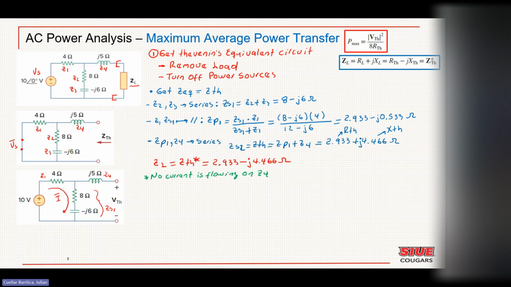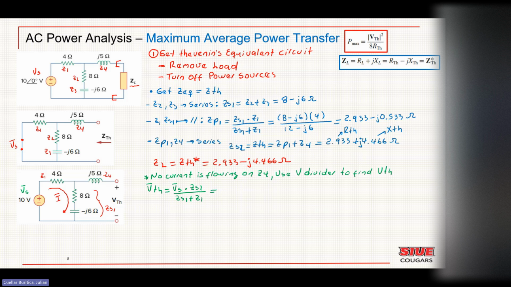Yes, thank you, Coy. Then, you can use voltage divider to find V Thevenin. Then our V Thevenin, remember that that is a phasor, is going to be equal to, here we have our Vs, Vs times Zs1 over Zs1 plus C1.